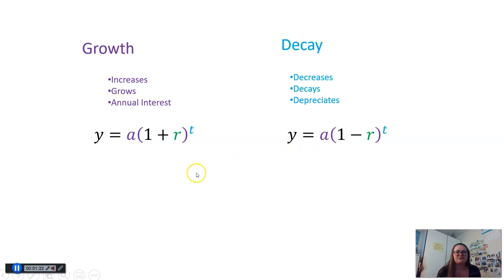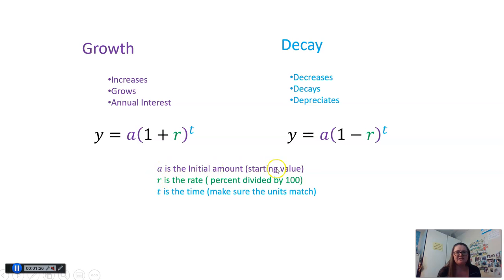All right, so then what's a, r, and t? In the problem, a is your starting amount, your initial amount. So however much money you start with, or people you start with, or whatever the problem is talking about. R is going to be your rate, which is the percent divided by 100.